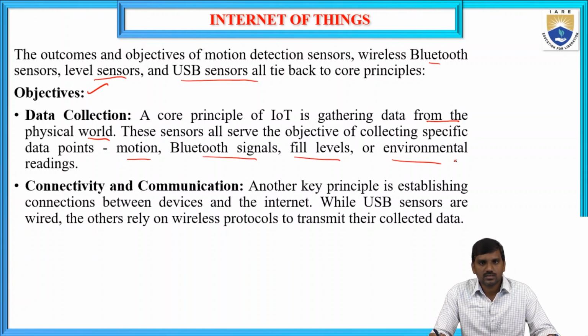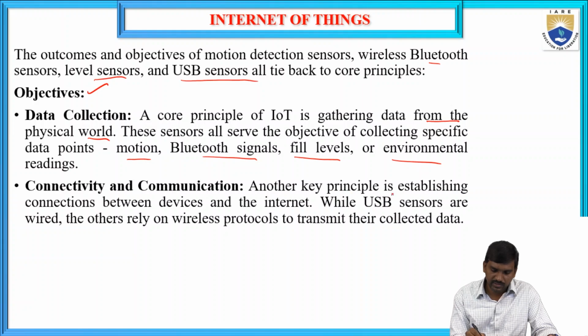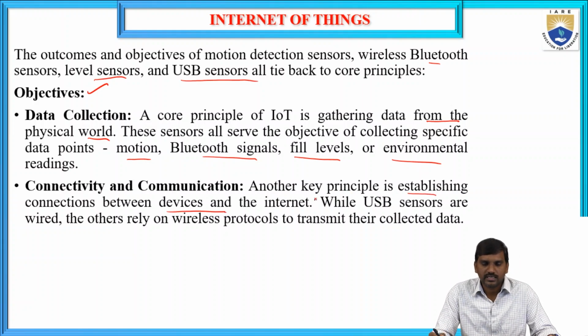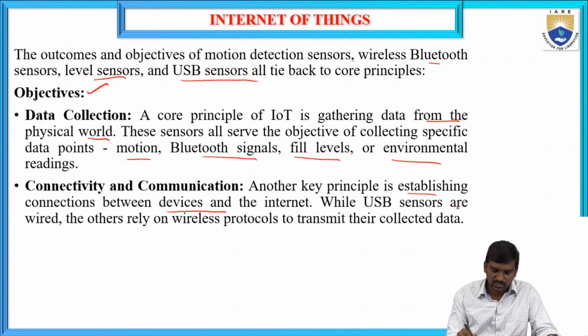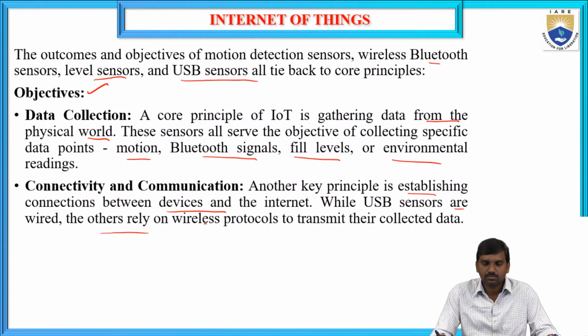Another key principle is establishing connections between the devices and the internet. While USB sensors are wired, the others rely on wireless protocols to transmit their collected data. So that is data collection and connectivity and communication under objectives.